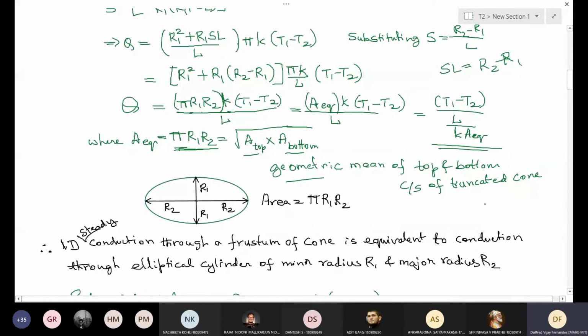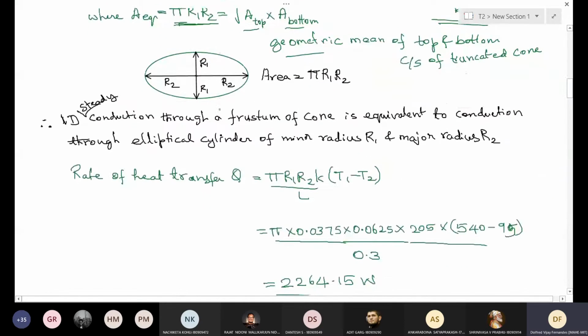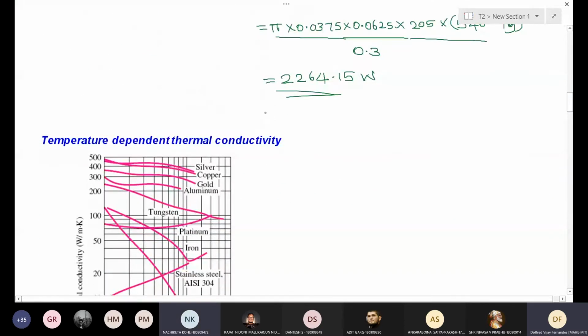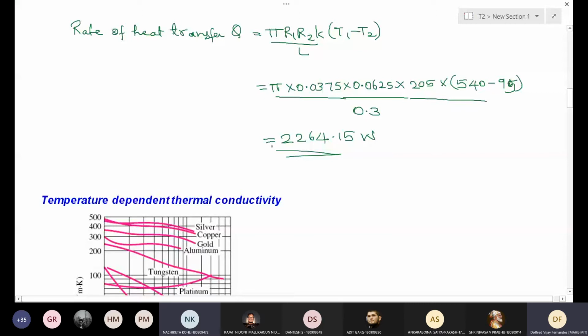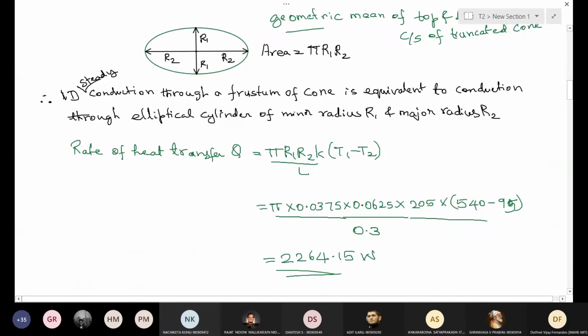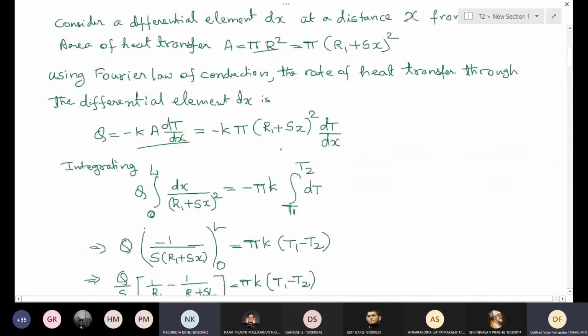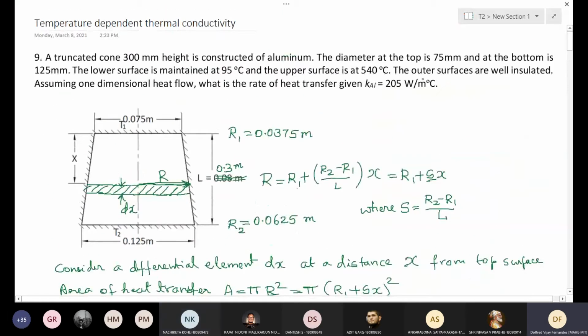So then we move on to the next topic. Yeah, I had a note in question 12. We didn't actually solve the second part of the question. I think we missed that. The second part, you mean we have to calculate only the rate of heat transfer, right? What else? Question number 12.